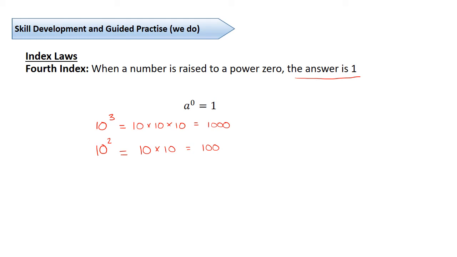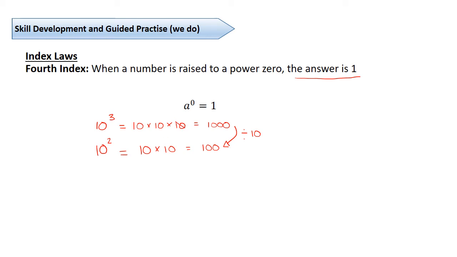So if I wanted to put in a step or an operation for what I've done to change 10 to the power of 3 to 10 to the power of 2, I would say I have divided by 10. Okay, 1,000 divided by 10 is equal to 100. Hopefully we're all pretty familiar with that. Another way of thinking about it is if we divide this by 10, we can cancel out 1 and 1, okay, and we're left with 10 times 10.